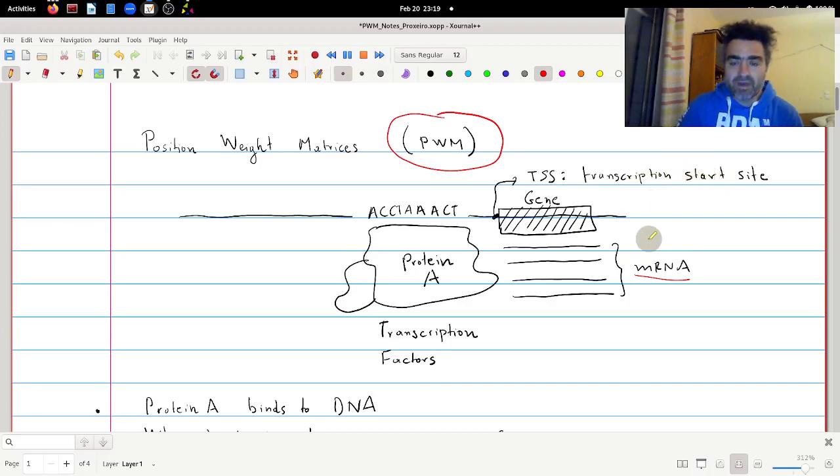Now a basic question in molecular biology is how much RNA will be produced, and when the production of mRNA will start, or when transcription will start.